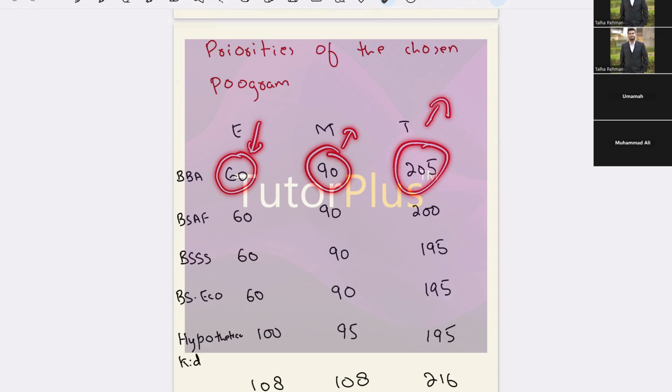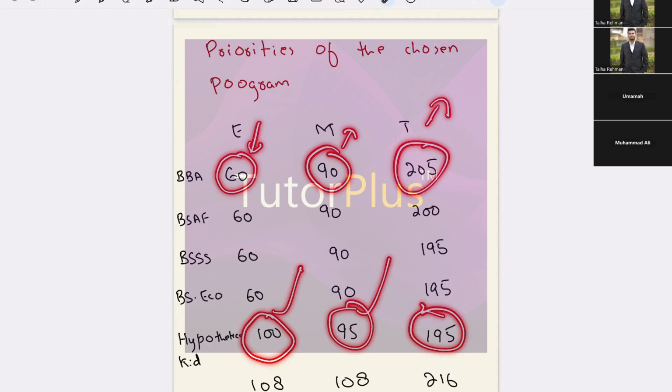Now, if you look at this person, they have met the cutoff for English and the cutoff for maths, but have not met the total cutoff, which is why this person will not be considered for the BBA program and will not be considered for the AC program, and instead will be considered for the social sciences program only.